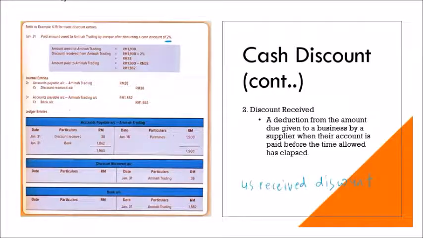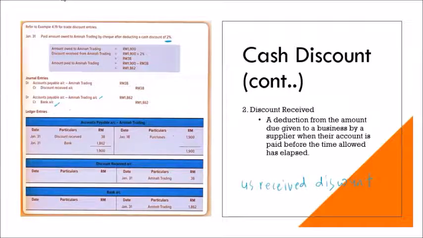When our check is reduced, you credit bank. Okay, you credit the bank, and also reducing our liability, which is debiting account payable, with the amount after deducting the discount, which is 1,862.